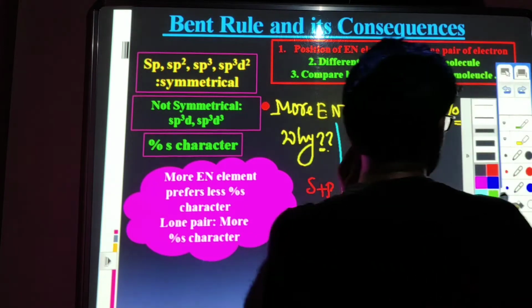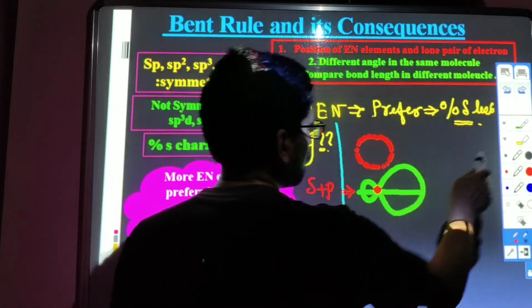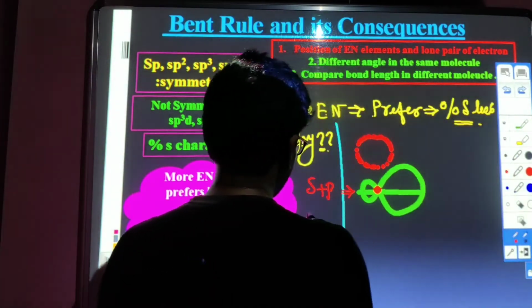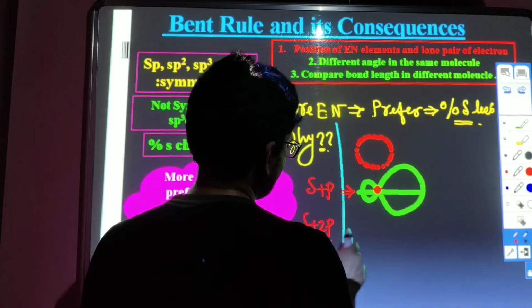For the sp2 hybridized orbital, how does it look? s plus 2p means px plus py.